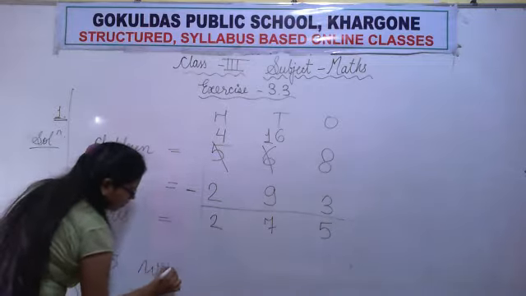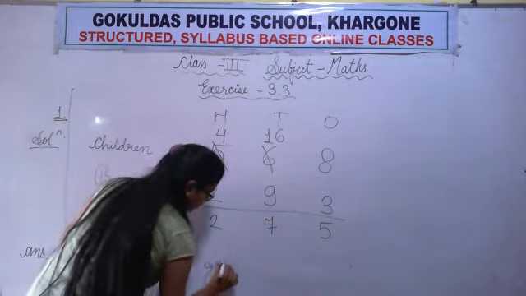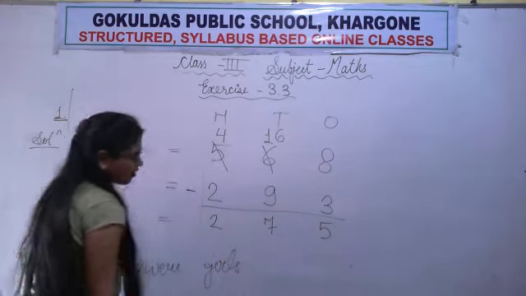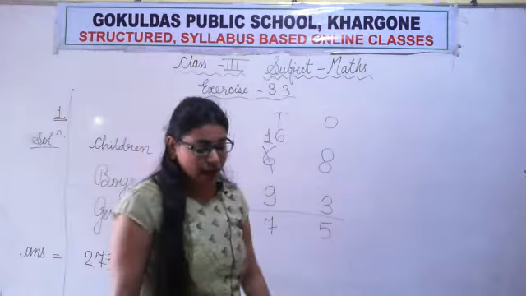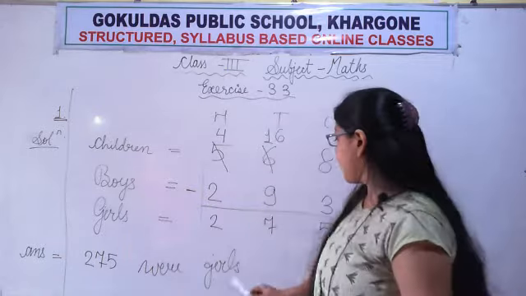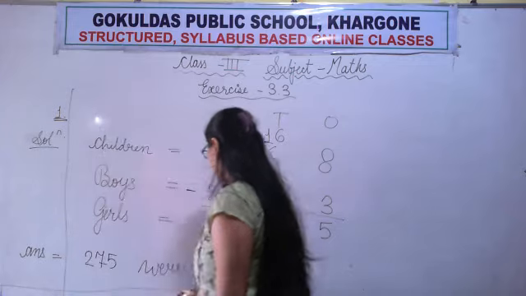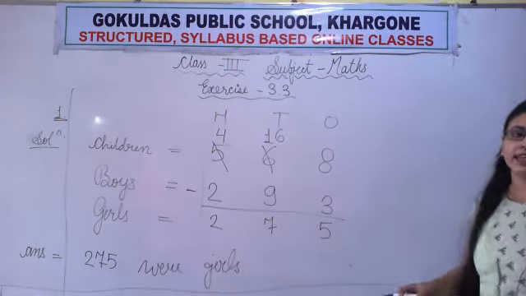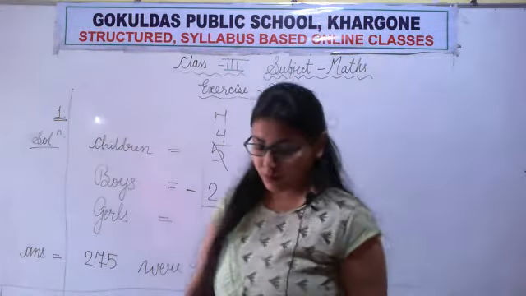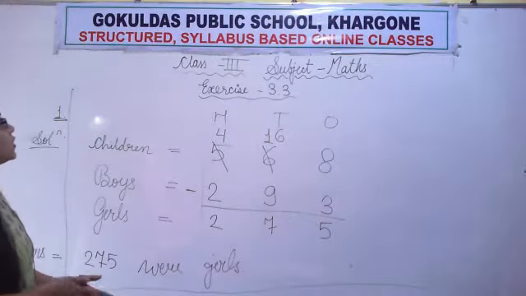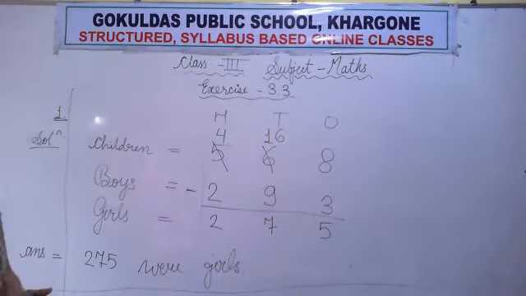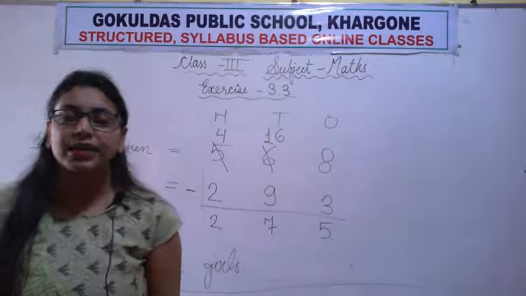Were girls. Or you can also write there were 275 girls. And do not forget to underline this with the help of scale or ruler. Okay. So this is how we can perform subtraction stories.